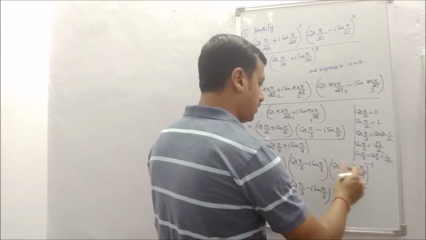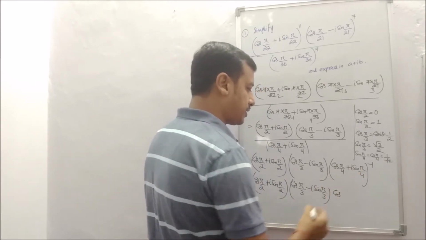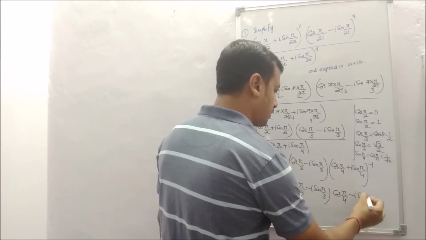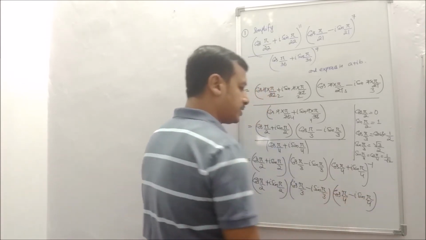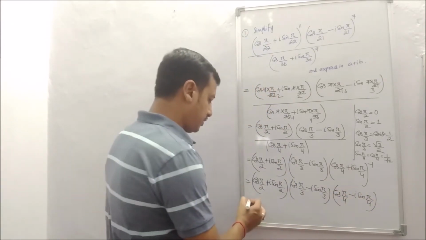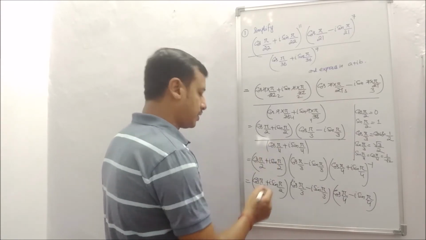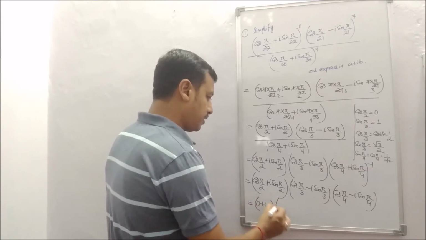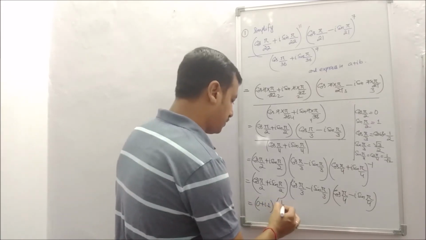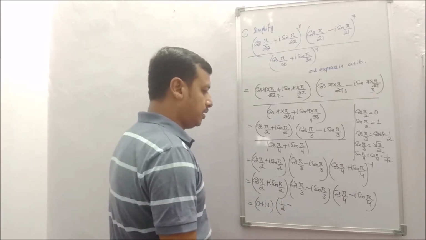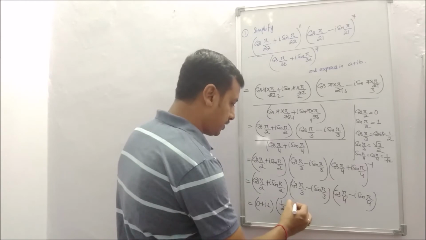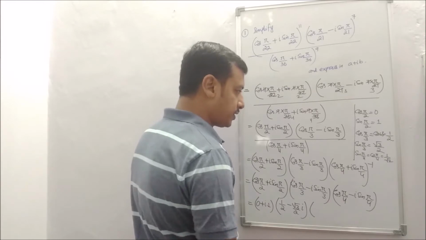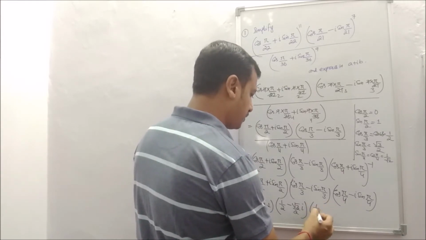By using De Moivre's theorem, cos of −θ is equal to cos θ, so cos π/4, and sin of −θ is equal to −sin θ, so −sin π/4. So cos π/2 is equal to 0, i sin π/2 is equal to 1, cos π/3 is equal to 1/2, sin π/3 is equal to √3/2 into i, and cos π/4 and sin π/4 both are 1/√2.